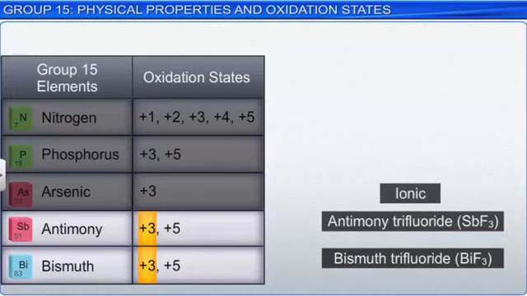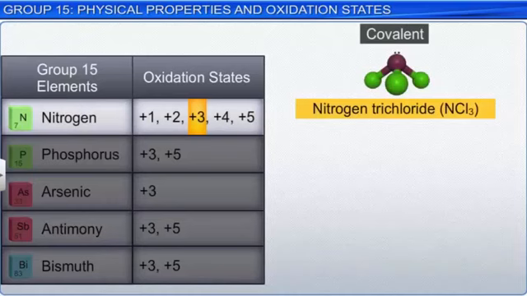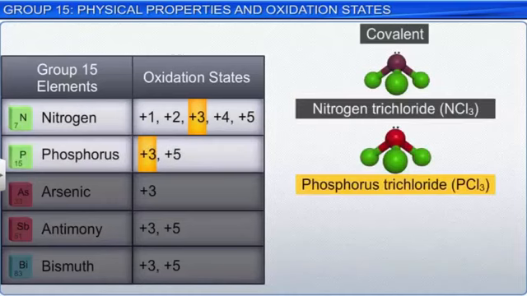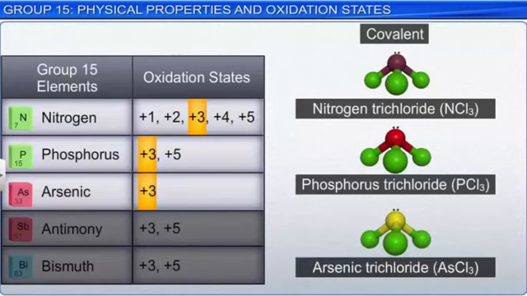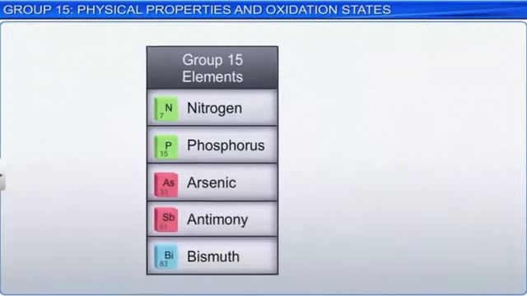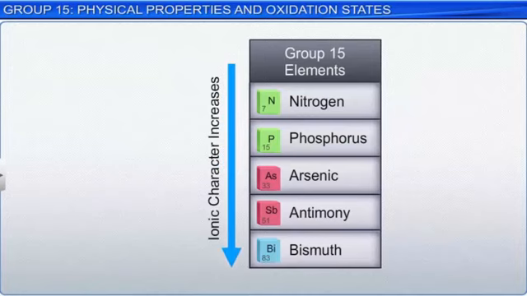Similarly, nitrogen trichloride, phosphorus trichloride, and arsenic trichloride are examples of covalent compounds. In other words, the ionic character increases from nitrogen to bismuth due to the increase in the metallic character of group 15 elements. We can thus conclude that in group 15 elements, the covalent character decreases from nitrogen to bismuth.